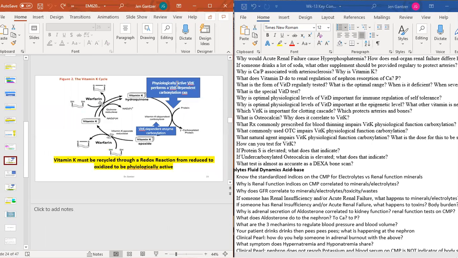And what it is, and you need to know this, it inhibits the recycling of vitamin K. If you do not actively recycle vitamin K after each carboxylation reaction, delivering the calcium, it will become inactive.